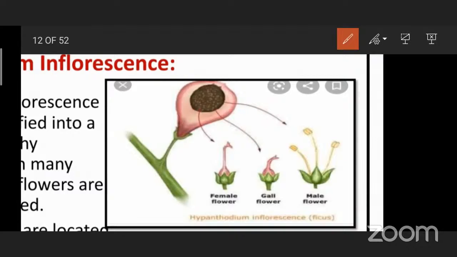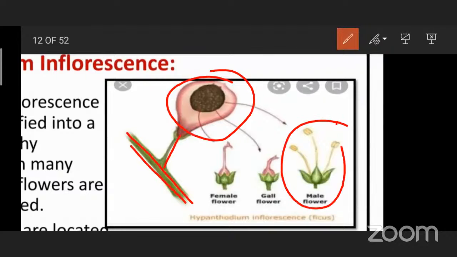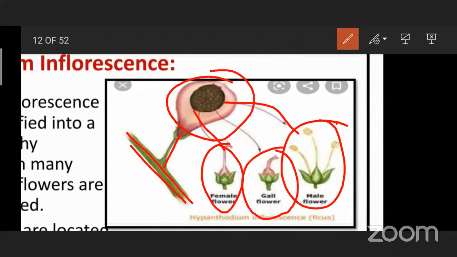In it, many sessile unisexual flowers are irregularly arranged. The male flowers are located near the opening and female flowers at the bottom. In between them are sterile female flowers, called gall flowers.